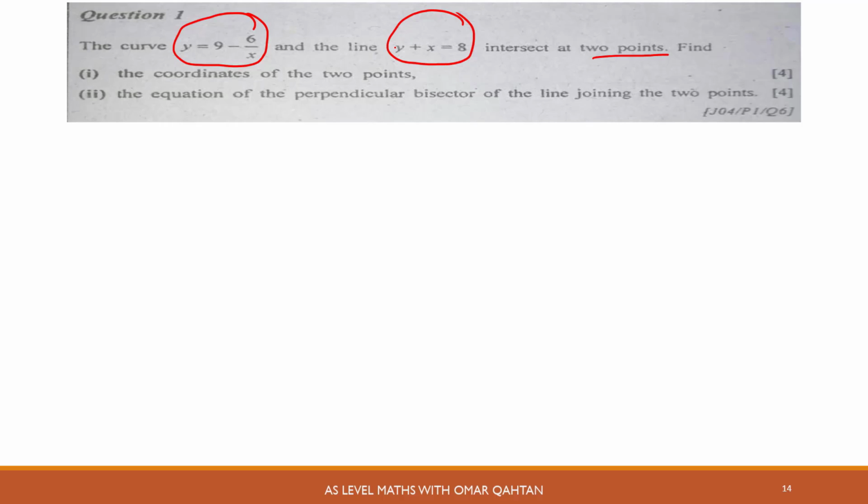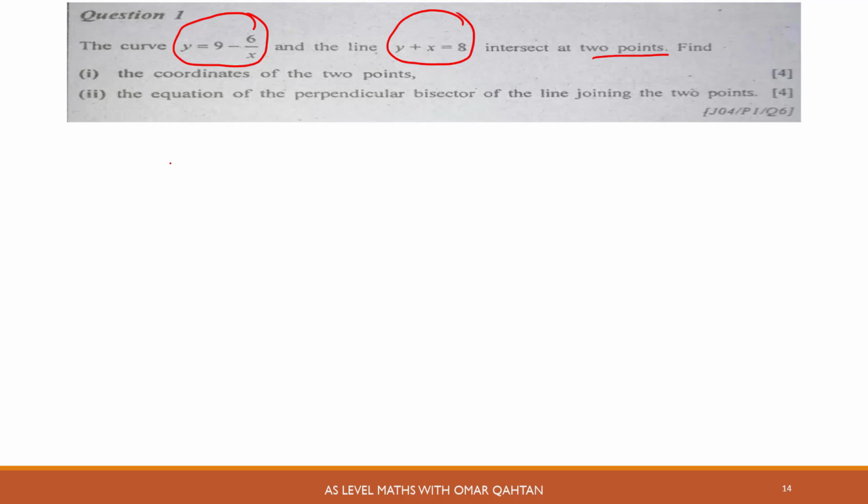We know the method. We just simplify them by substituting them equal to each other, or finding the value of y from one equation and substituting it back into the next equation. That's how we do it. It's pretty simple. So I'm going to just equate these two equations with each other.